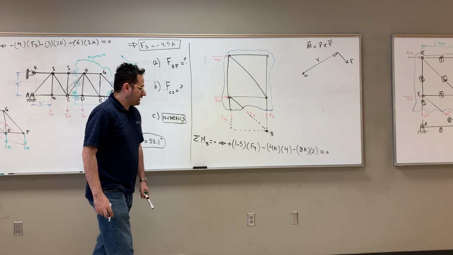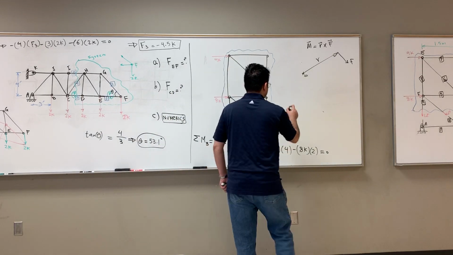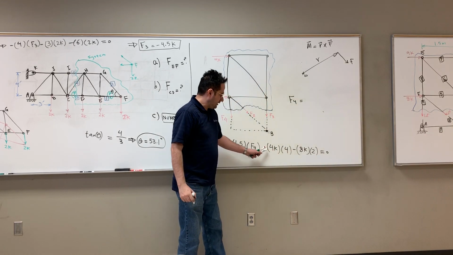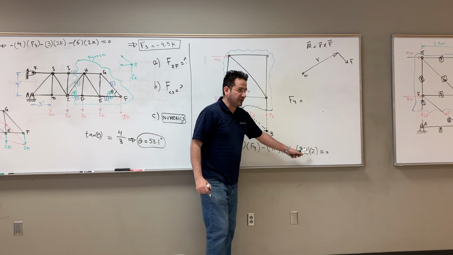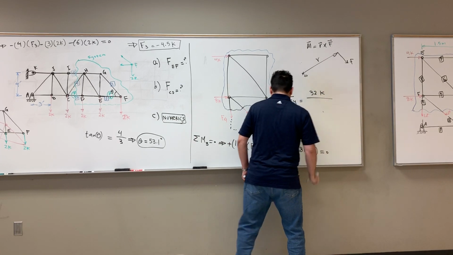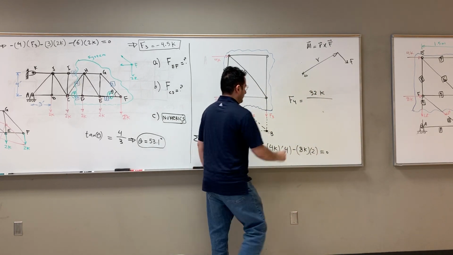So solving that for F4 would give you F4 is equal to 16 plus 16, that is 32K, divided by 1.5.